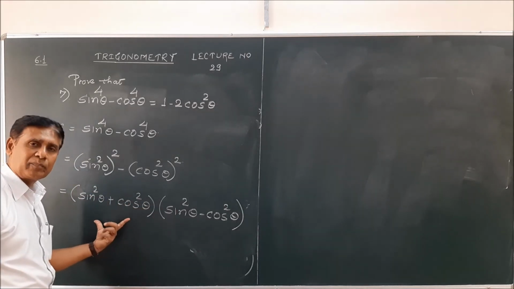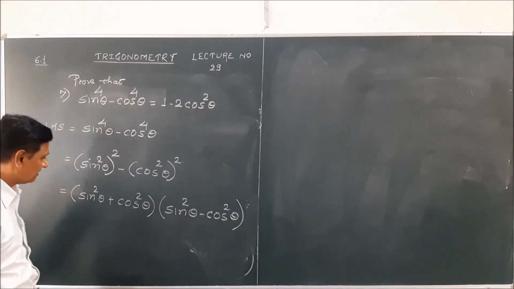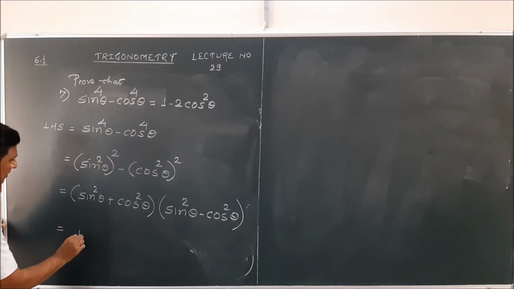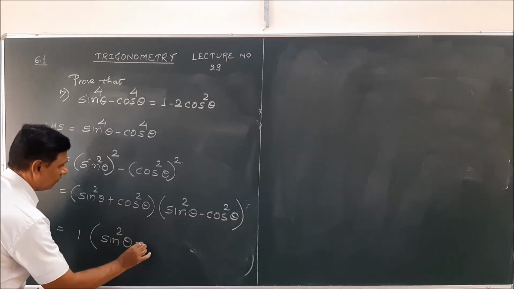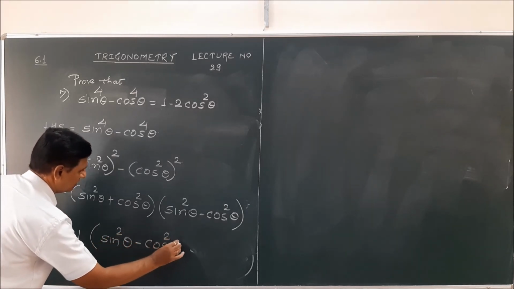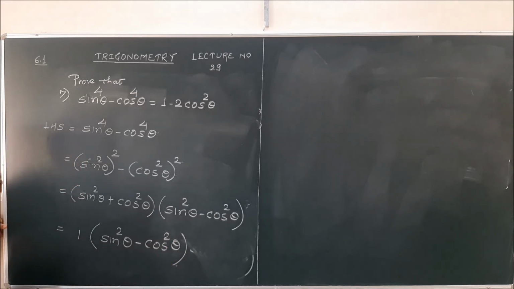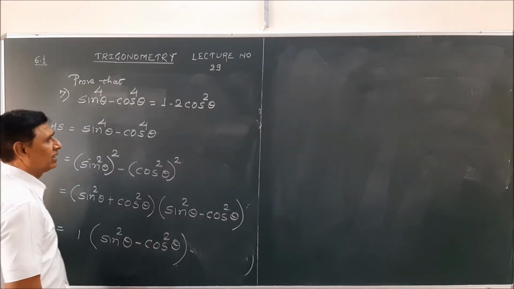Sin square theta plus cos square theta, first identity, 1. Sin square theta minus cos square theta.